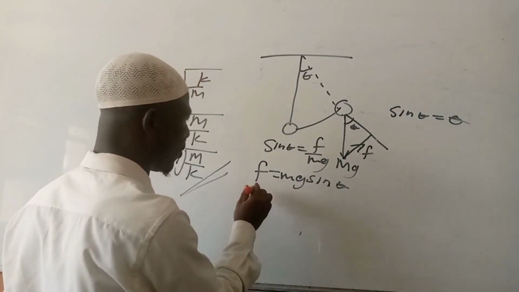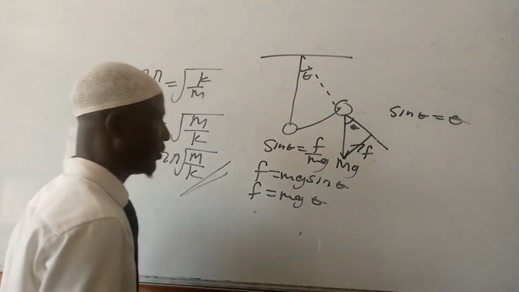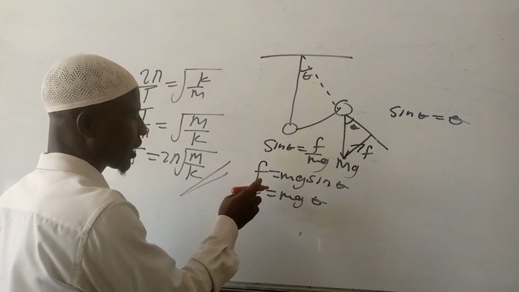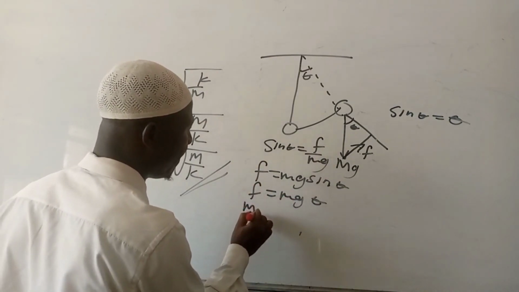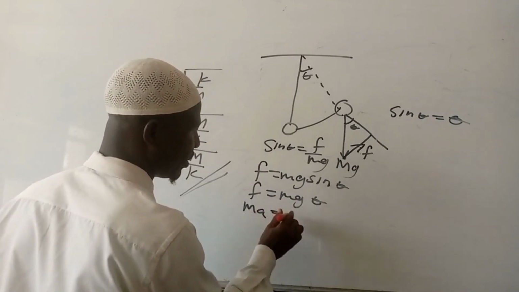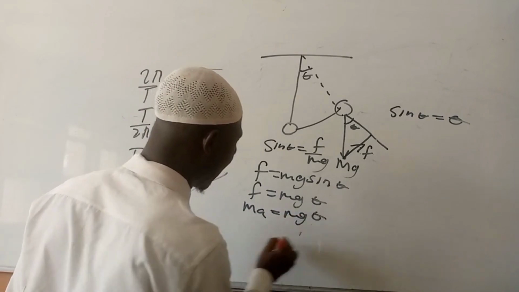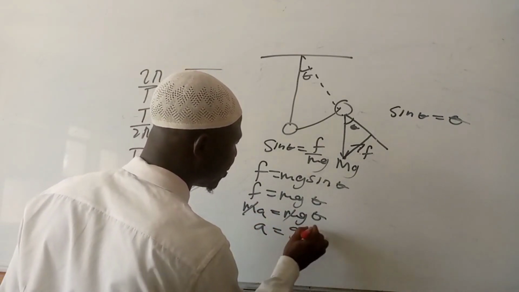So we have F is equal to mg theta. Then this force is equal to ma, which is equal to mg theta. m cancels m. Therefore, our a is equal to g theta.